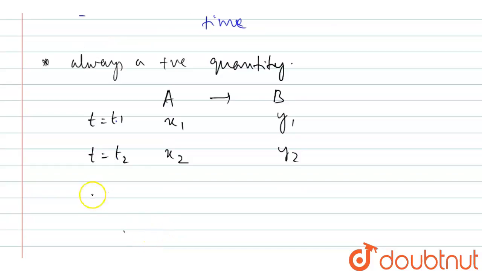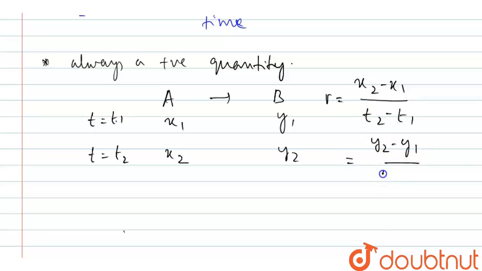Then the rate of this reaction is equal to the change in concentration of reactant, and change always means final minus initial: x2 minus x1 by t2 minus t1, which is equal to the change in concentration of product, final minus initial, y2 minus y1 by t2 minus t1. But here I told you rate is always positive.